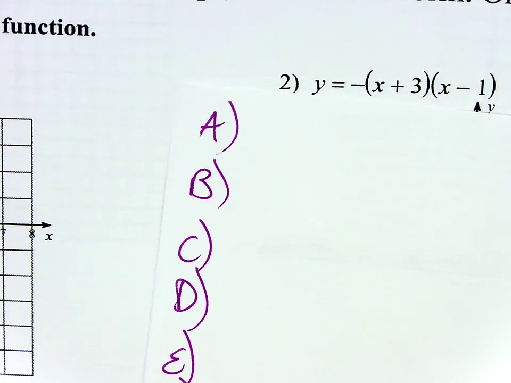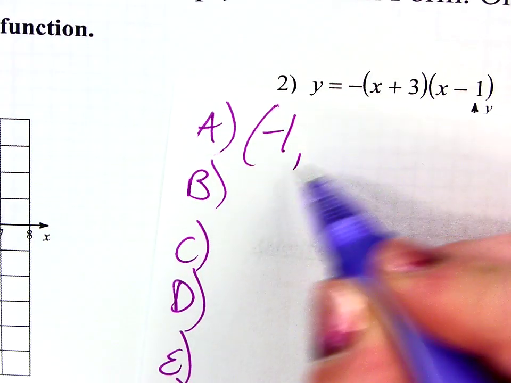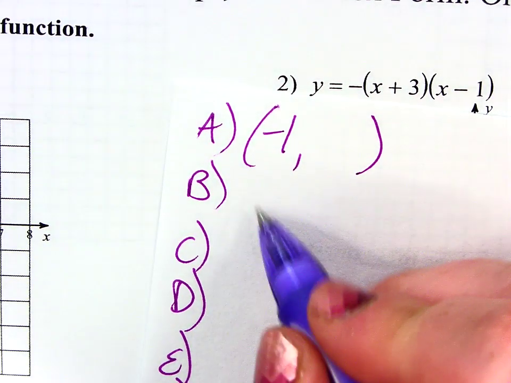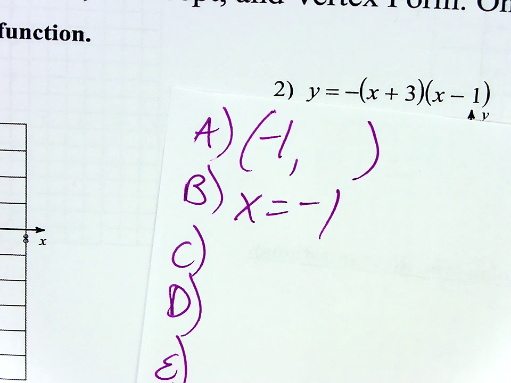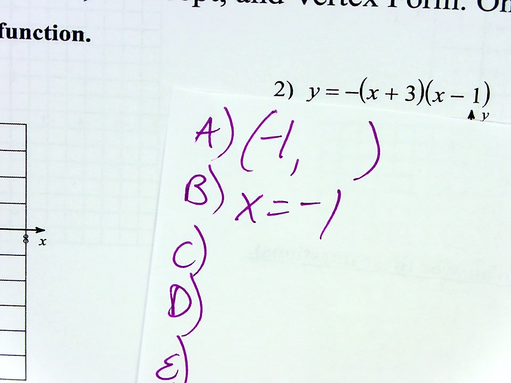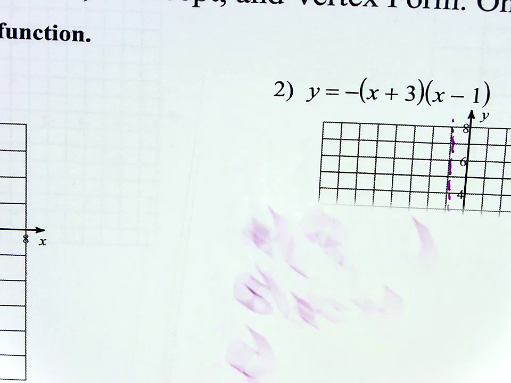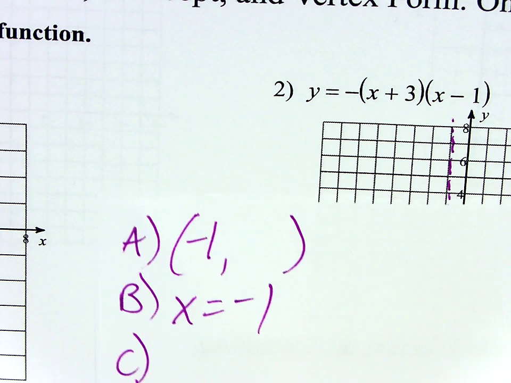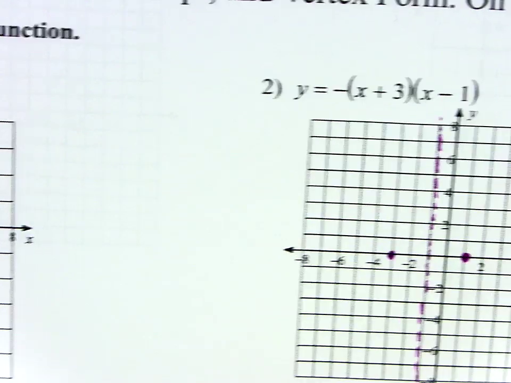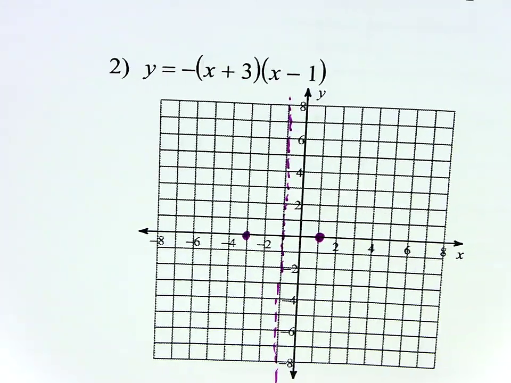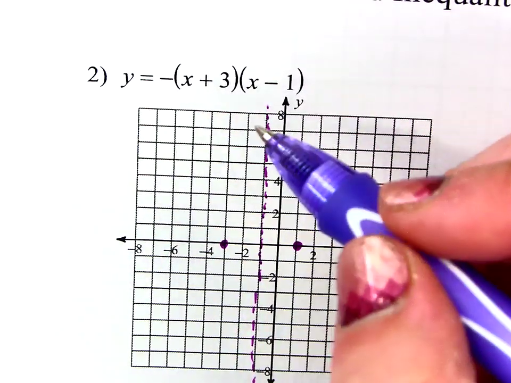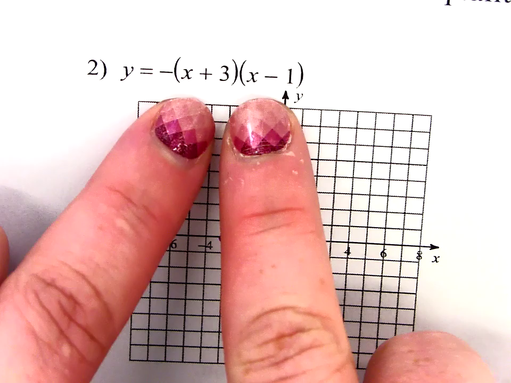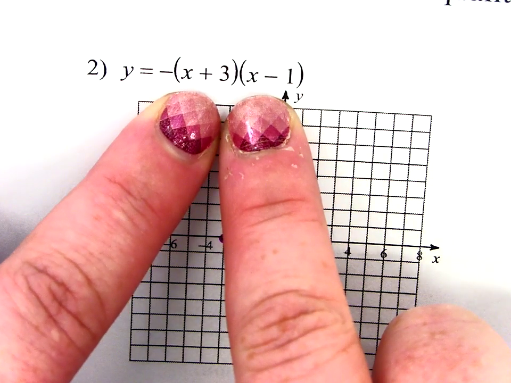Okay, so now if I'm going to answer all these things, I know the vertex is at negative 1 comma something. I just don't know the something part, but I do know the axis of symmetry would be at x equals negative 1. How do I find the something part? You plug in negative 1. I want to know the value of this when x is negative 1. There are two x's, that's okay, you just replace both of them.